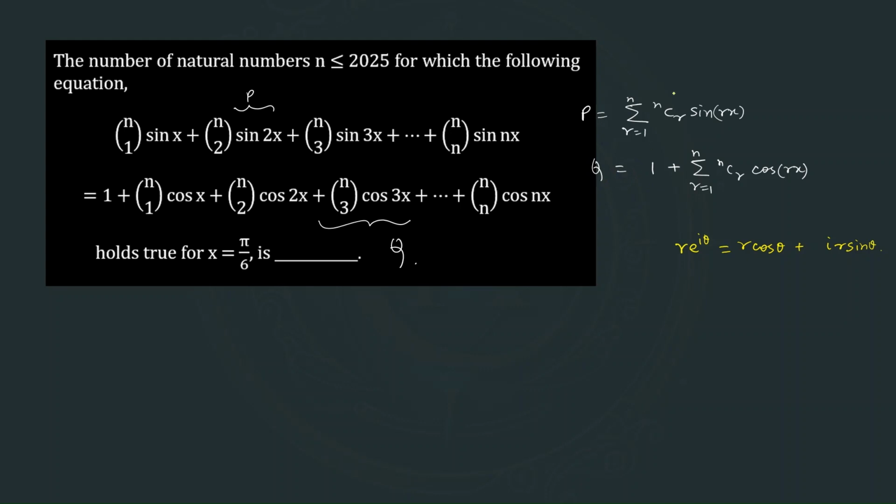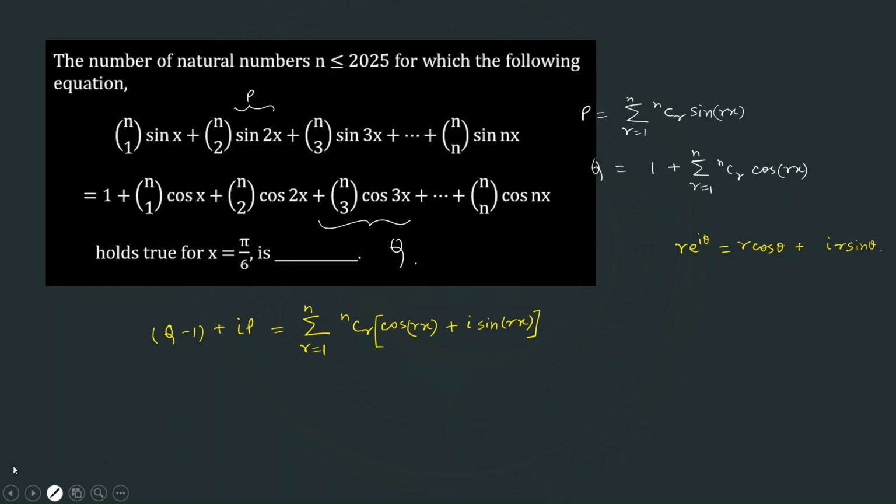For example, if I take these two series here, let's say P is our imaginary part, so I write iota times P, and the real part of this series is Q minus 1. So Q minus 1 plus iota P is this summation r equal to 1 to n, then nCr, then it will become cos rx plus iota times sin rx.